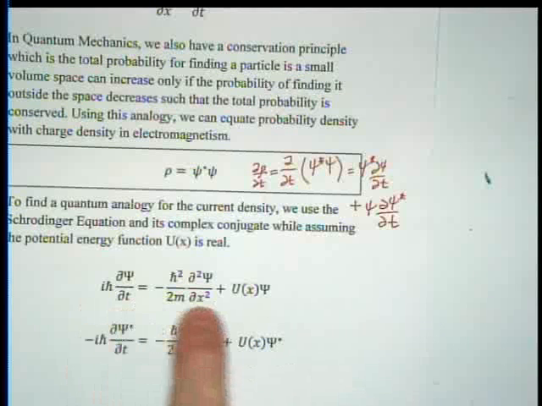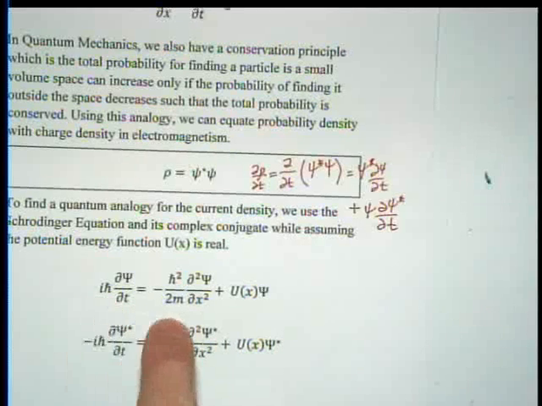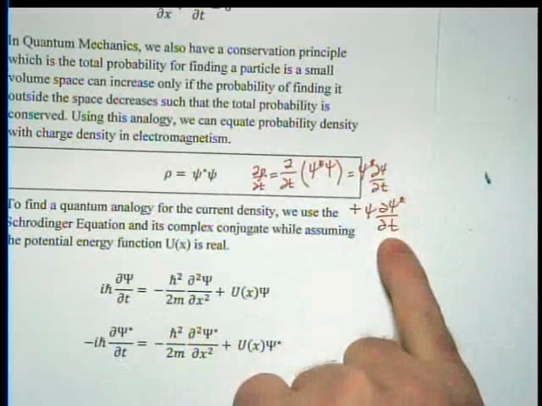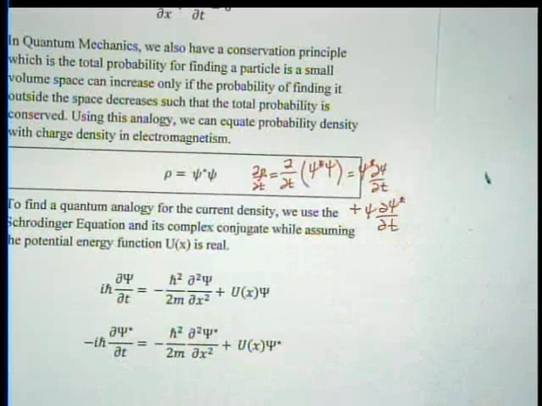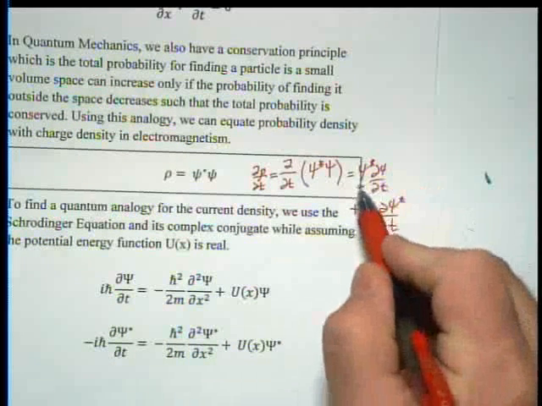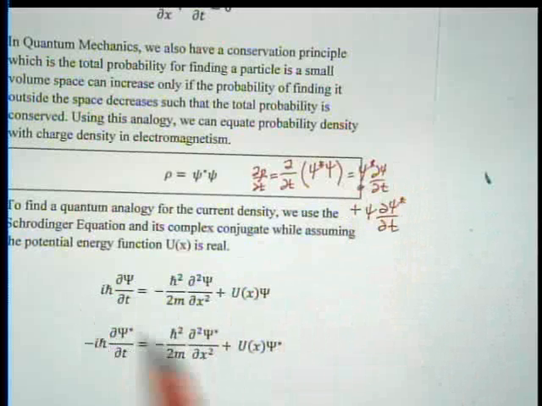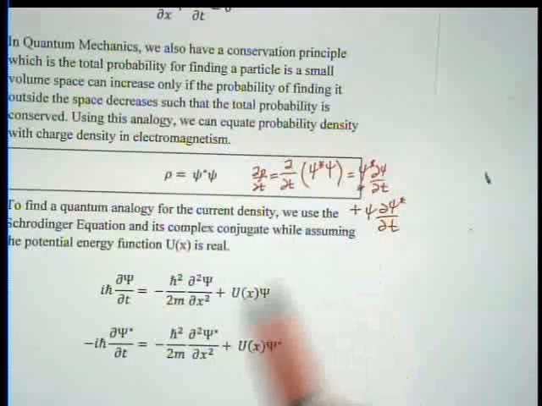So take the Schrodinger equation, take its complex conjugate, divide by minus i h bar here, and you can divide by i h bar there. And you got d psi dt, you got d psi star dt. That's almost what you need, except you need to multiply the first equation by psi star, and you need to multiply the bottom equation by psi. And then you're going to need to add them together.